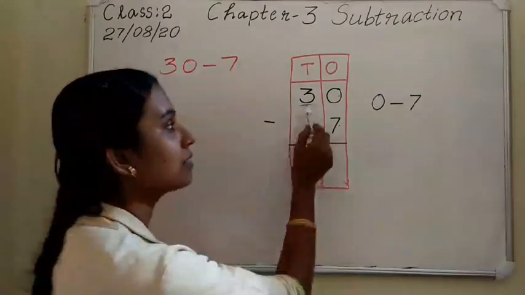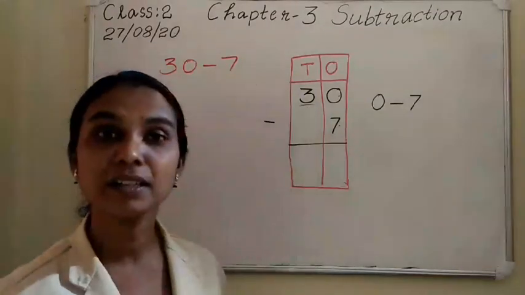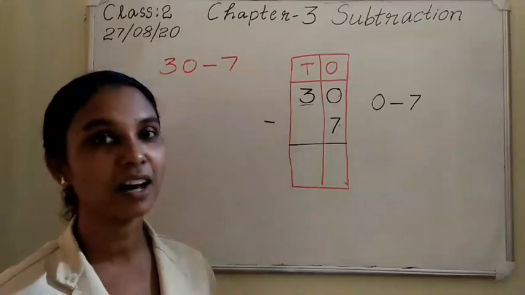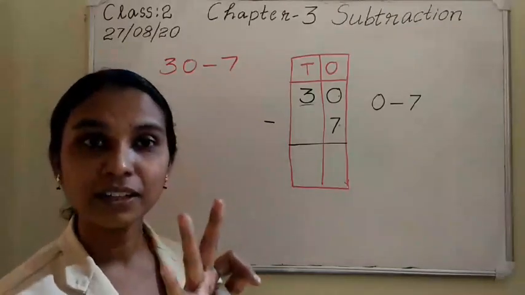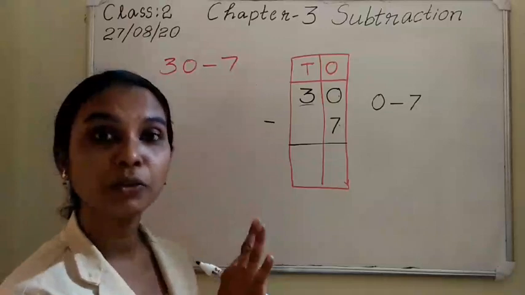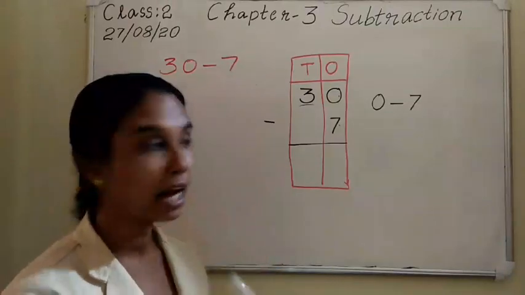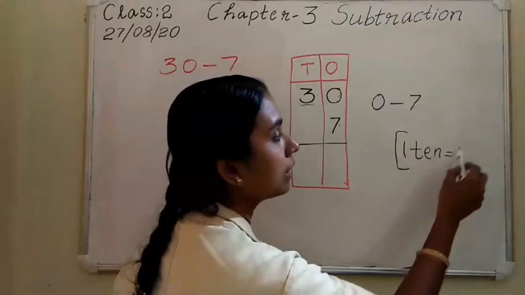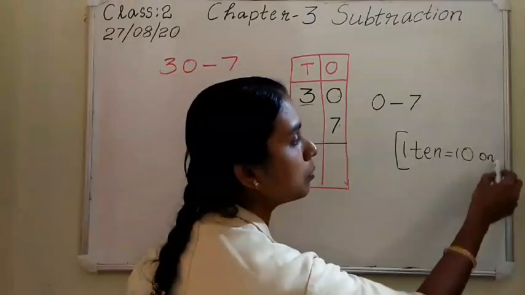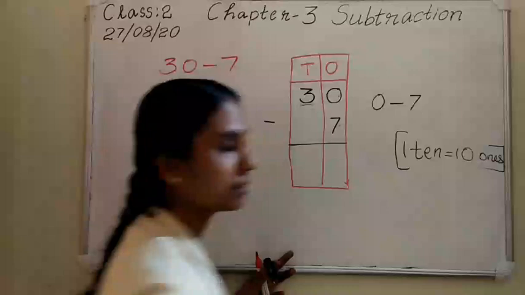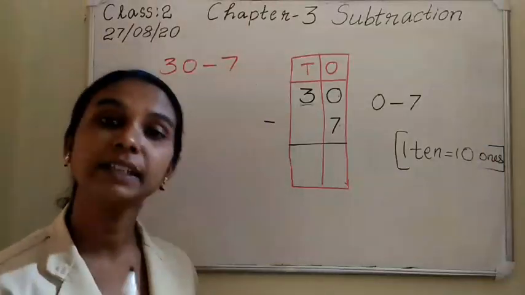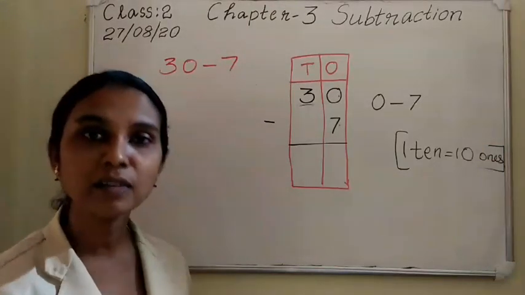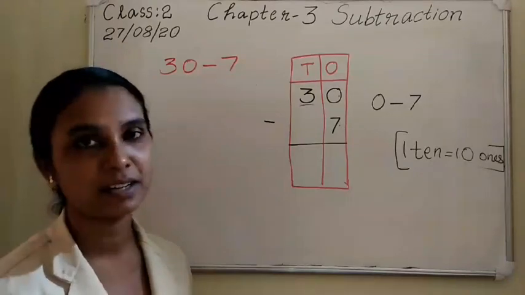There are 3 tens. The tens place is very rich. You can ask. How many can you ask? 1 ten. And you know 1 ten is 10 ones. 1 ten has 10 ones. Okay.